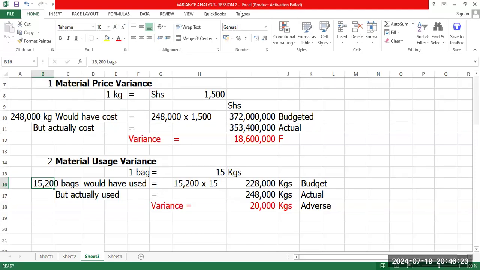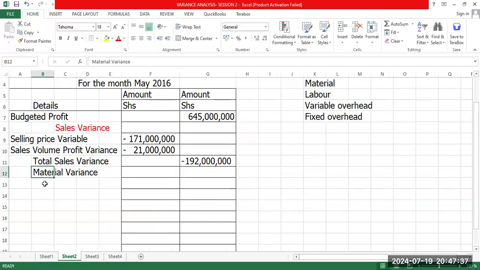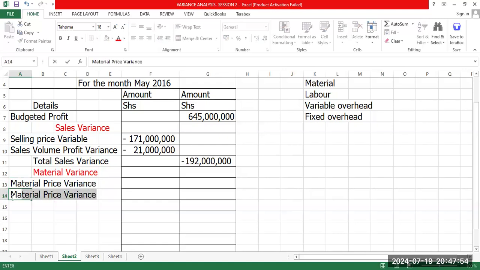Okay. Any other question? So we go back to our workings here, our table. We record the material price variance, then we record material usage variance.